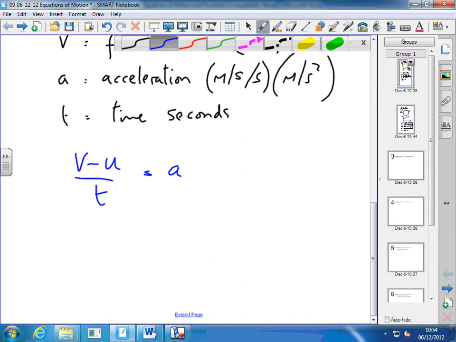So that's a formula that relates acceleration, v, u, and t. And we can rearrange that formula and arrive at one of the common equations of motion that we're going to write down in a minute.